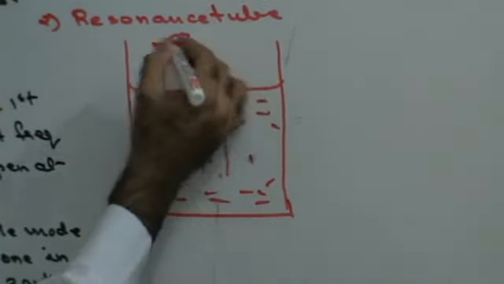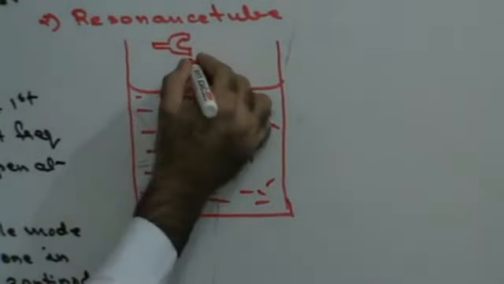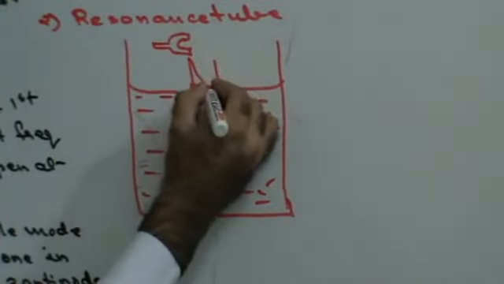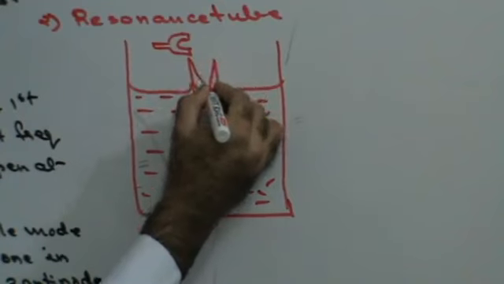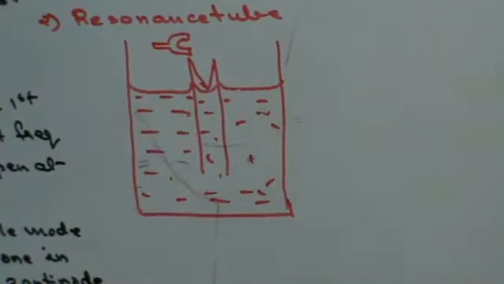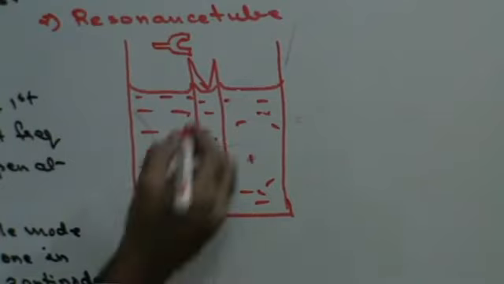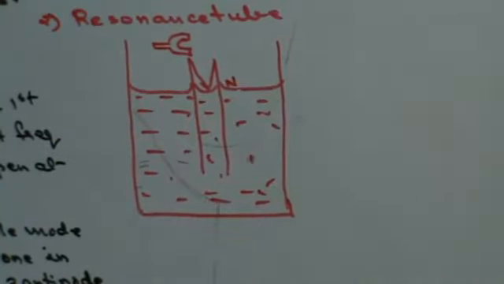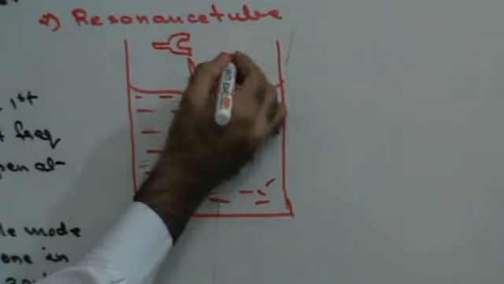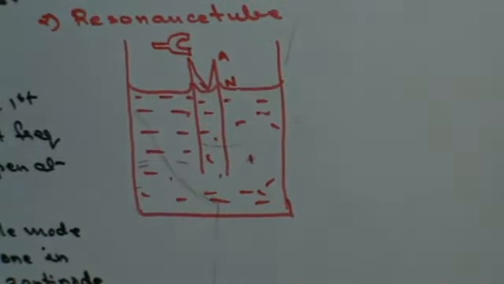A wave would be produced when the prong would hit the open end. The wave would hit the water surface and come up. Since there is no free movement at the other end, there will be a node formed on the surface of the water, whereas there would be an antinode formed at the open end.